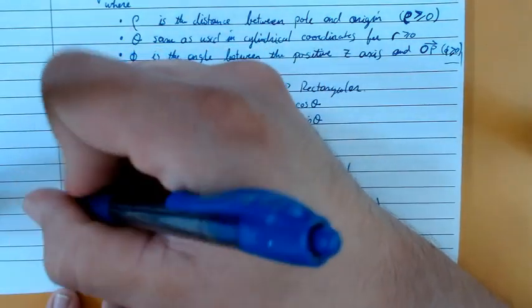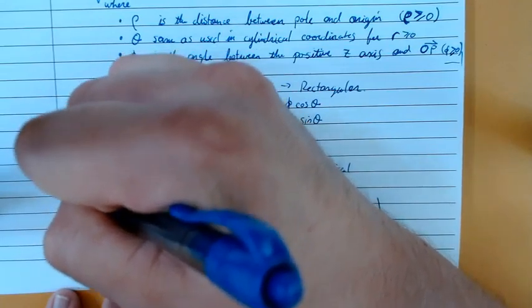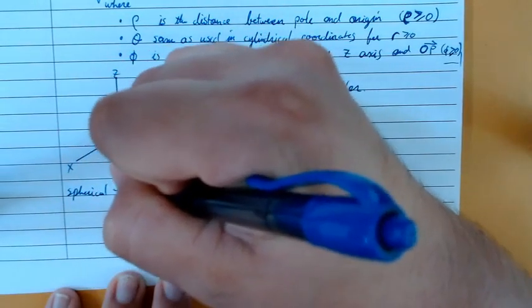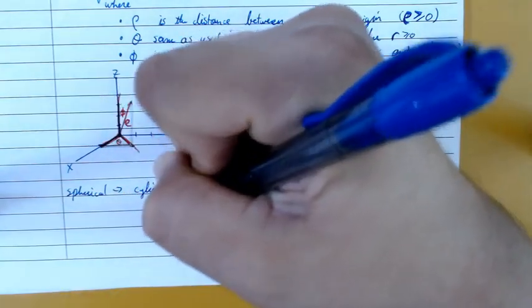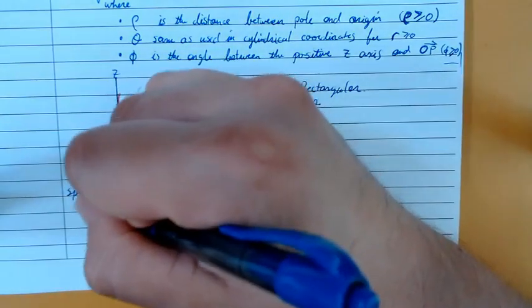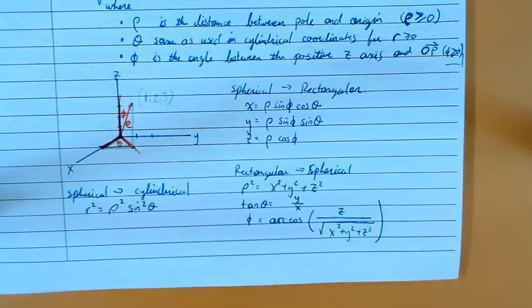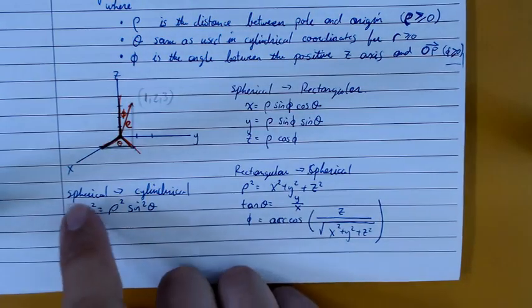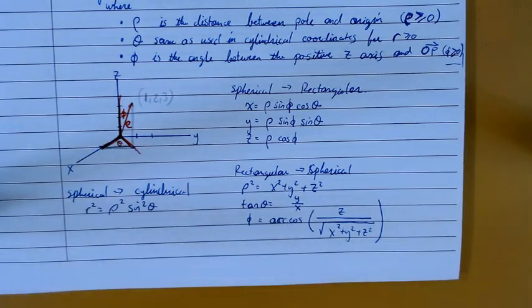If you want to go from spherical to cylindrical, you would take r squared is equal to rho squared sine squared of phi. And that's really just what you would get if you took spherical to rectangular and then rectangular to cylindrical and completed all the substitutions.